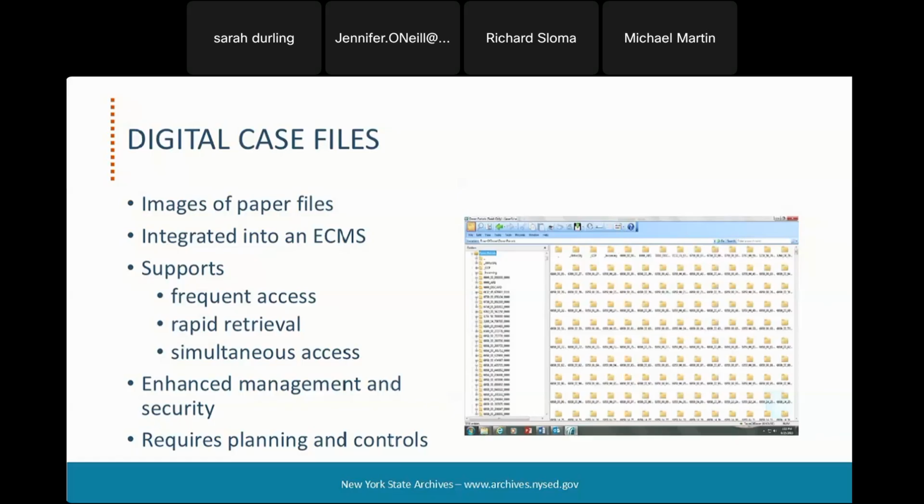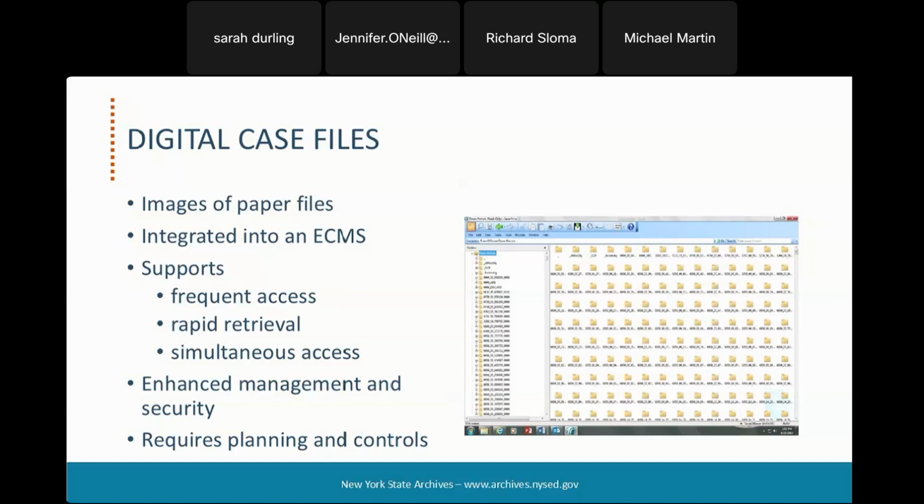You're going to need to plan for what technology you need based on your needs, your workflow, whatever your process is. You're also going to need to set up a file structure and naming conventions, which we're going to talk about in more depth later on. And you'll need some controls in place to make sure that everyone is consistently following these structures and naming conventions you've set up.